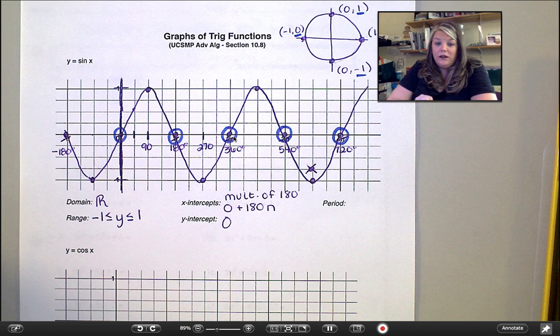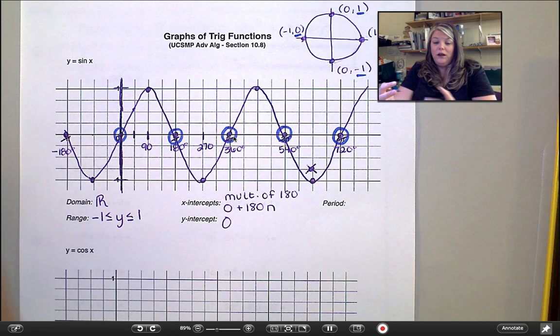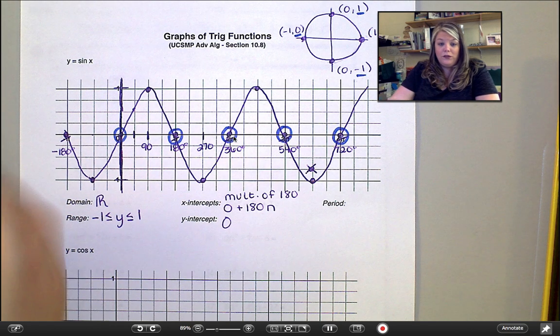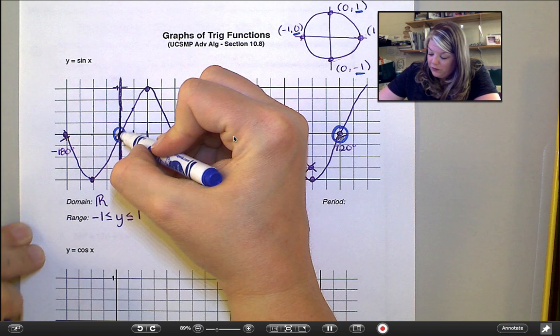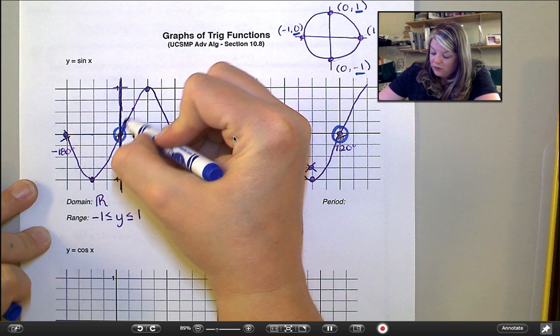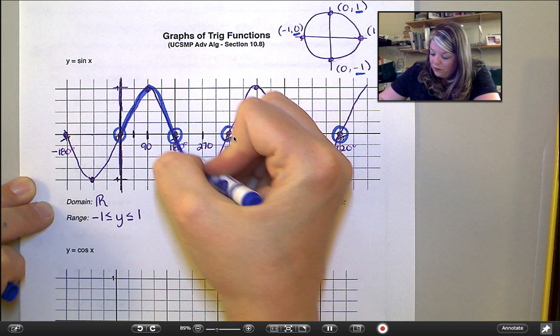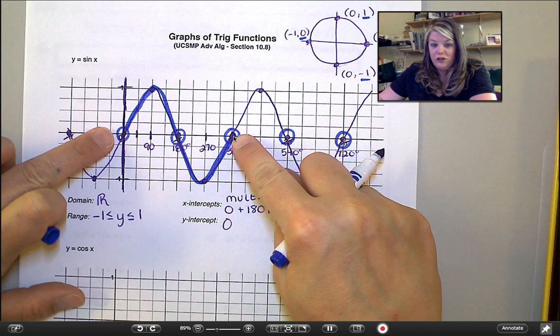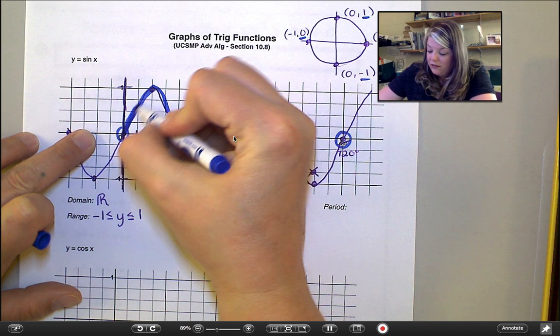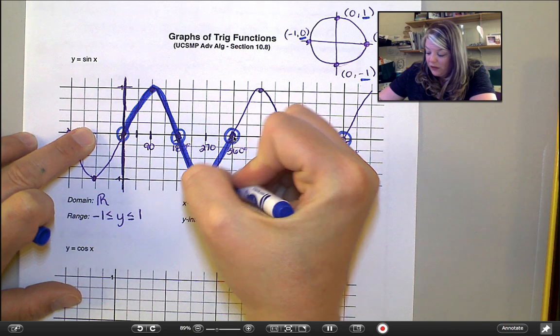Now, the period is talking about how far do we have to go before the cycle starts to repeat. And if you look at where we started at 0, and this goes up and down, and when it hits 360, that's when I'm back in the starting position, right? So what I just traced here in blue is one full cycle.